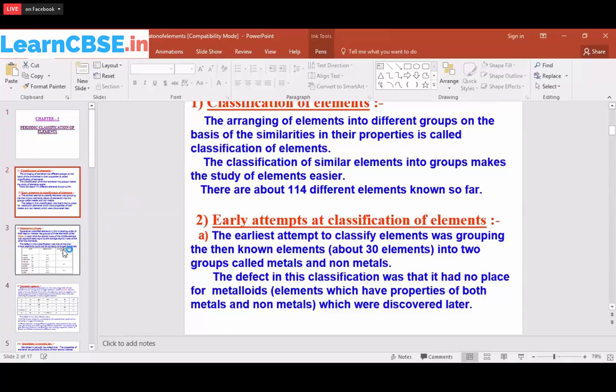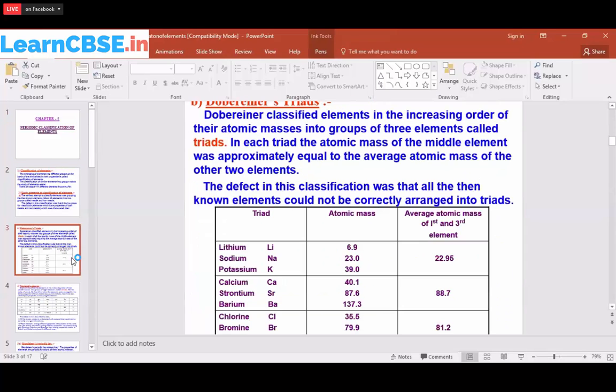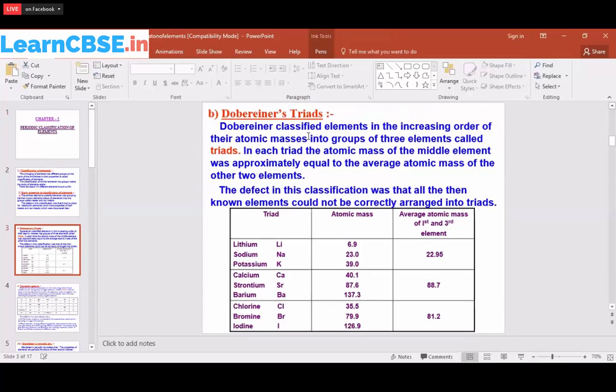The next attempt was Dobereiner's triads. Dobereiner classified elements in the increasing order of their atomic masses into groups of three elements called triads.